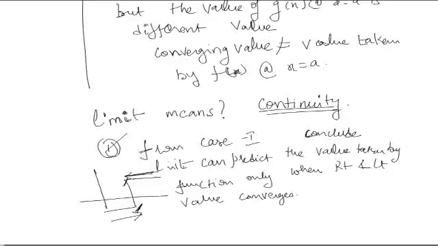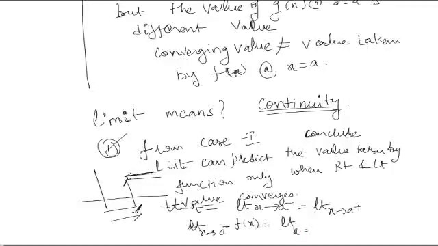So, let me write this here: limit x tends to a minus f of x should be equal to limit x tends to a plus f of x. If this condition is met, we call it continuity.